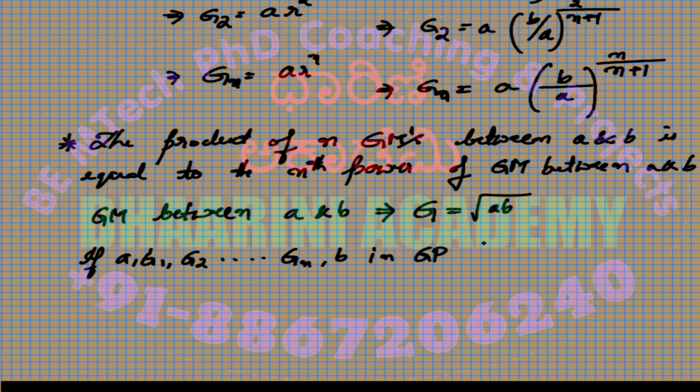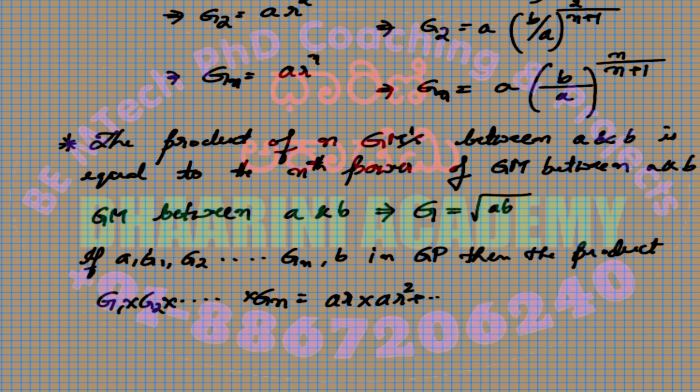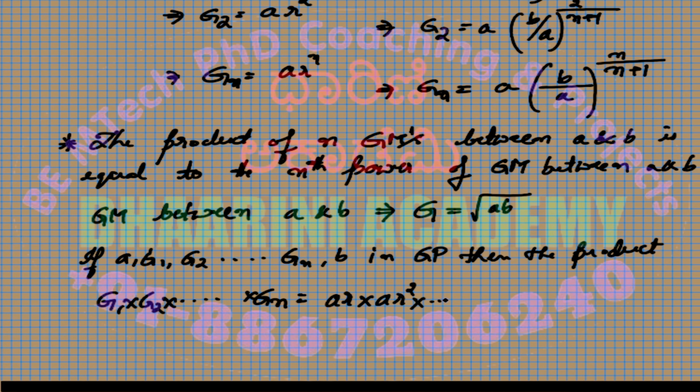If they are in GP, then the product, what is the product we are identifying? This is G1 into G2 into G3 into G4 up to Gn. G1 can be written as A into R. Second number is A R squared. It's not plus, it's into. So this is A R square into A R cube up to the last term, A R power n.